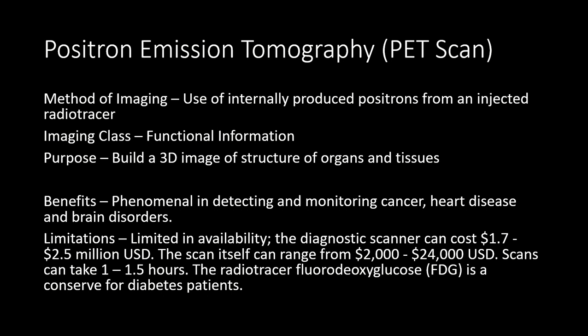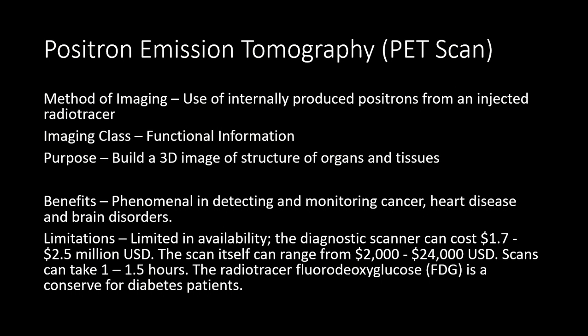Lastly, we have PET scanning, or positron emission tomography. Think of how we talked about in chemistry an atom, which consists of protons and neutrons in the nucleus. However, it also consists of a very negative electron that orbits around the outside of the nucleus.